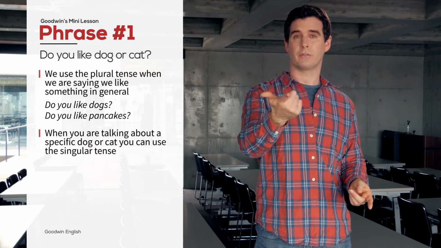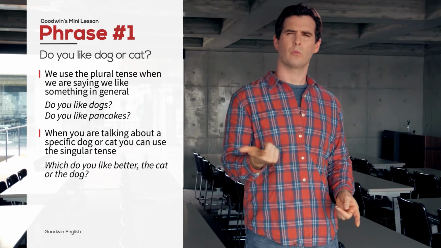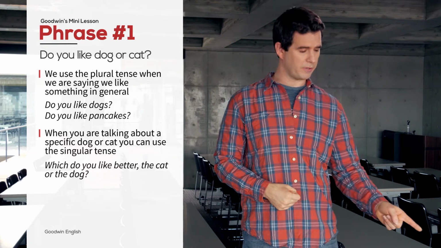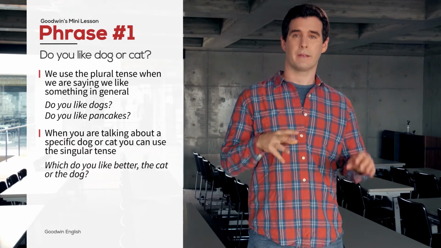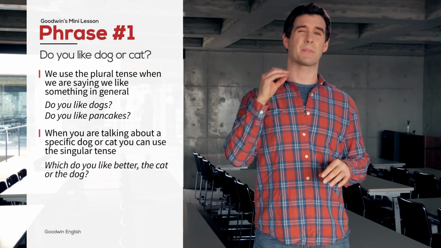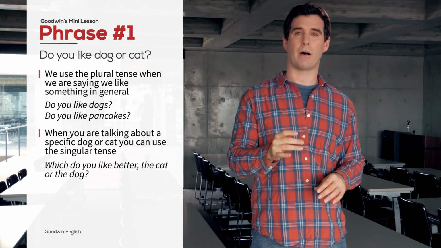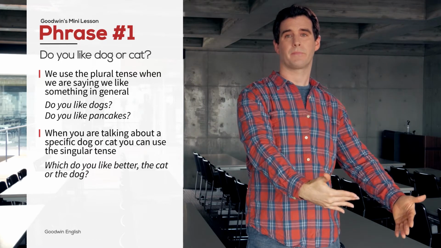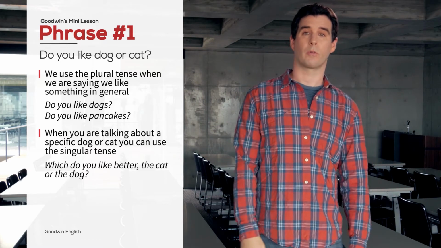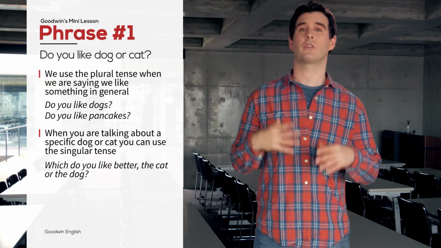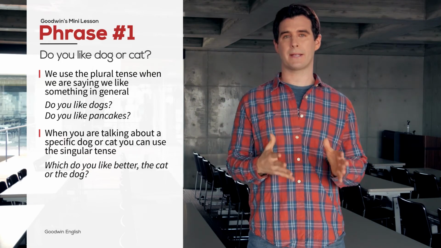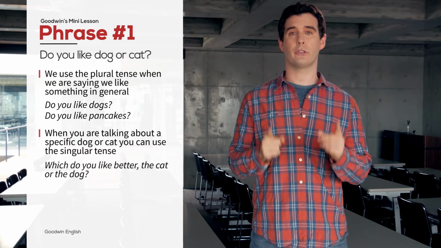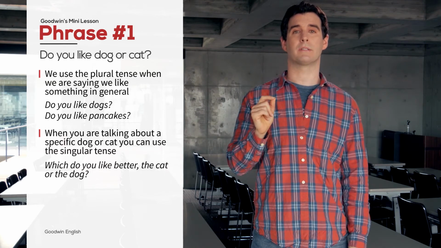I look at you and I ask you, which do you like better, the cat or the dog? Here, I'm talking specifically about the cat and the dog in front of us. So, be careful. Usually, when you ask someone about their likes or dislikes, you should use the plural tense.